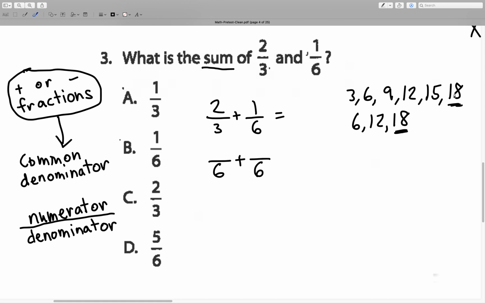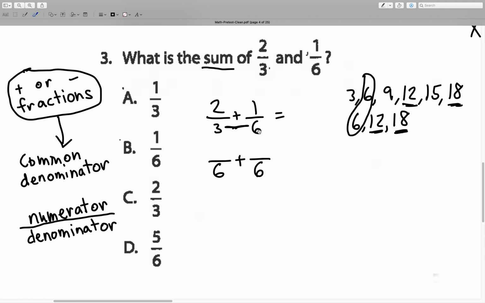You could have used 18 as a common denominator, or you could use 12 as a common denominator, right? But let's try to go with the smallest number, 6, right? You could easily just look at them like that. 6 cannot go into 3, but 3 can go into 6, right? So they both go into 6.